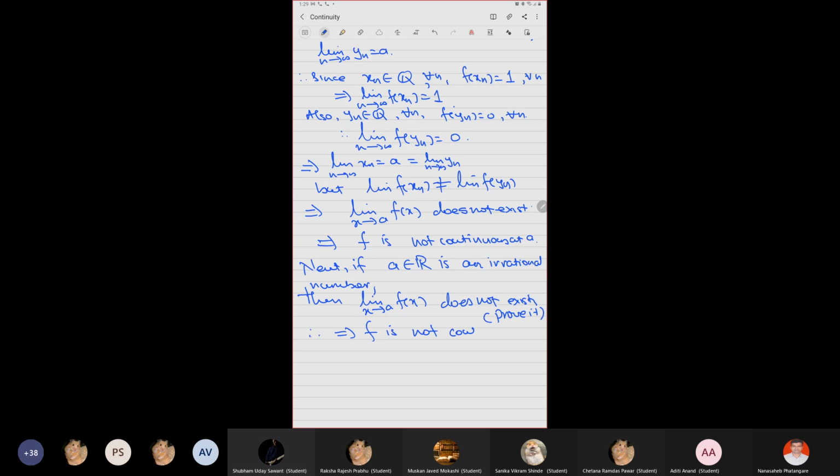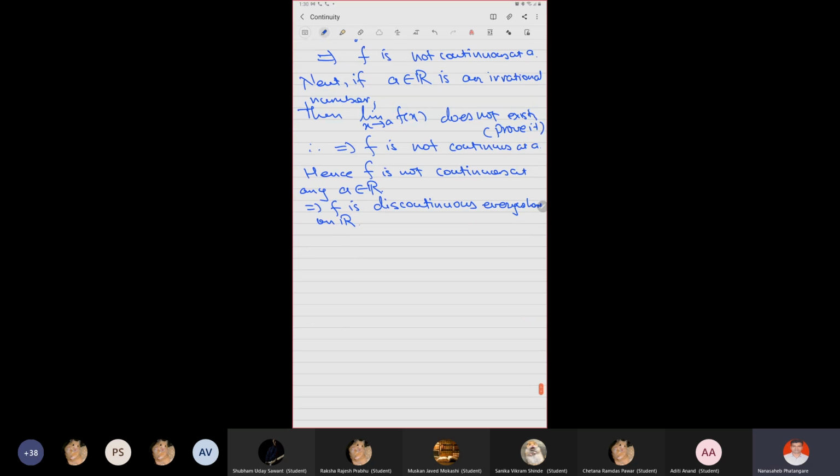Right, at a. Hence, f is not continuous at any a in R. That means f is discontinuous everywhere on R. So this function is discontinuous everywhere on R. Right?